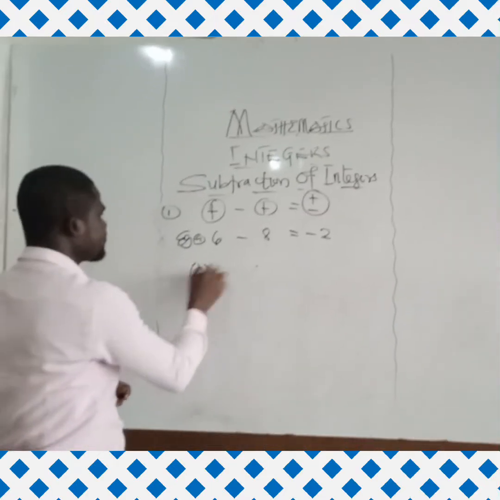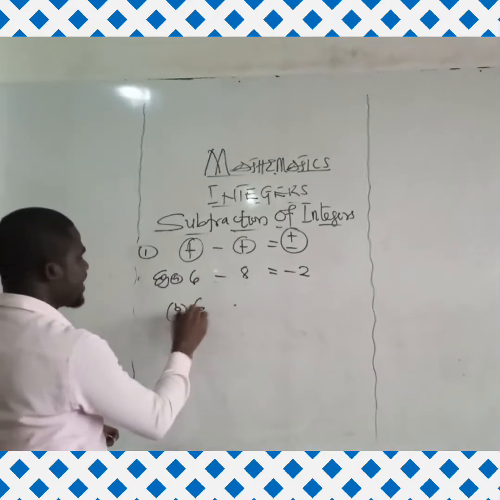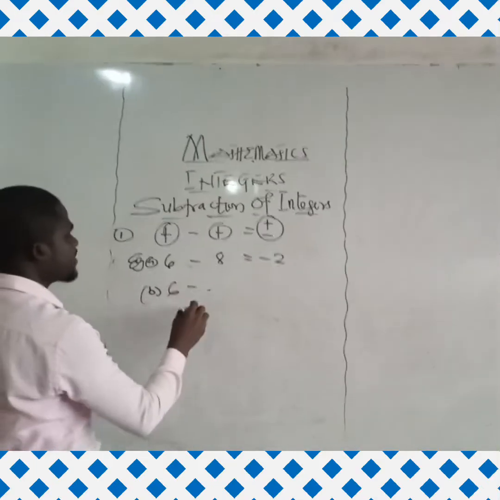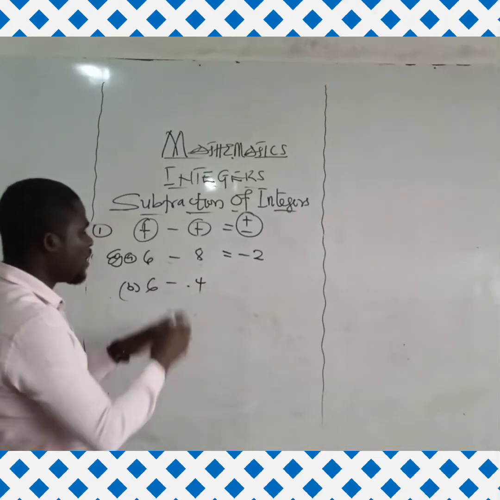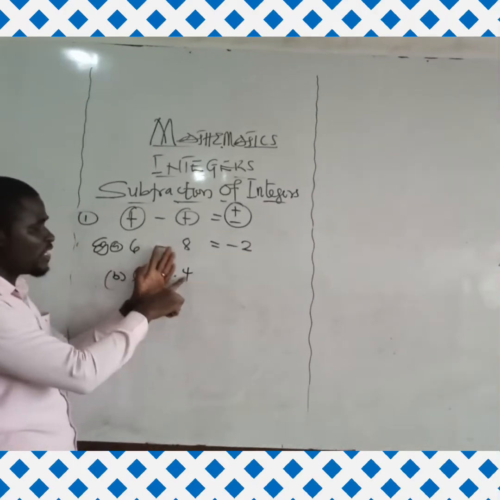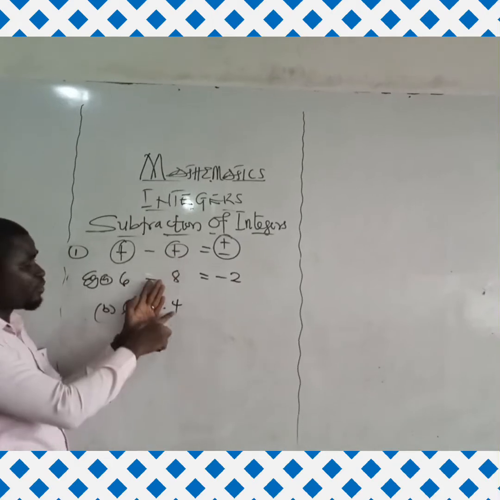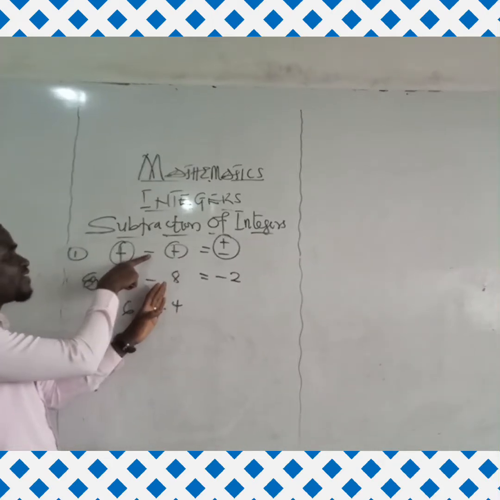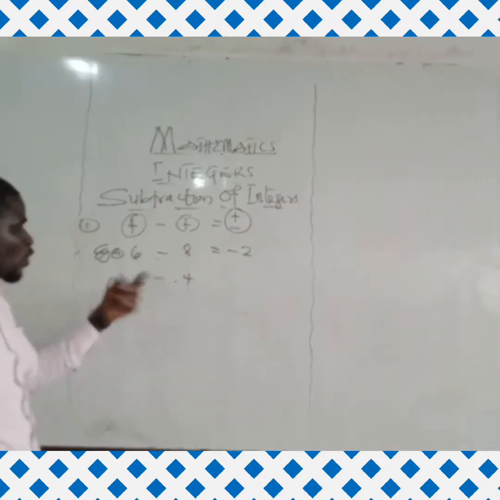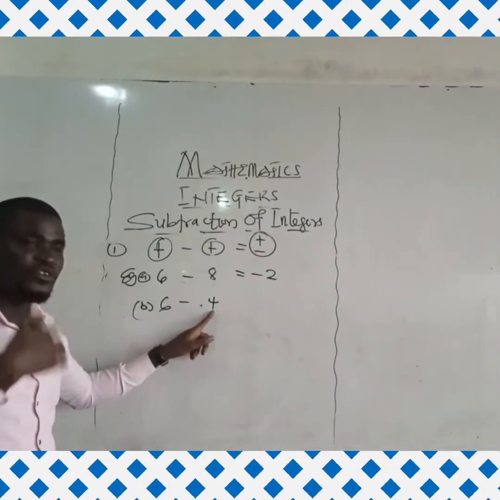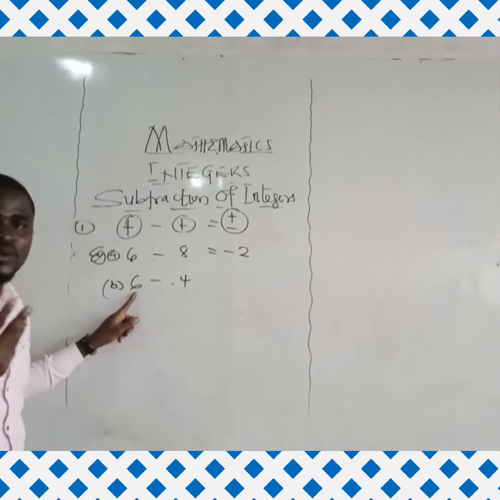Example B. Positive 6 minus 4. Take note, this 4 is positive, but because of this negative, the negative will affect the 4. So you are owing me 4, you've paid 6. How much are you owing?